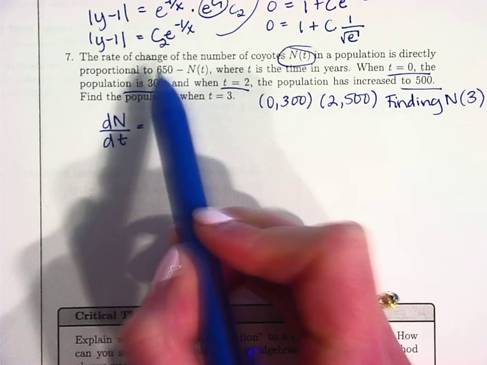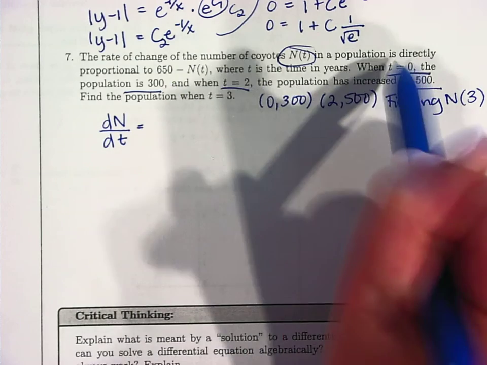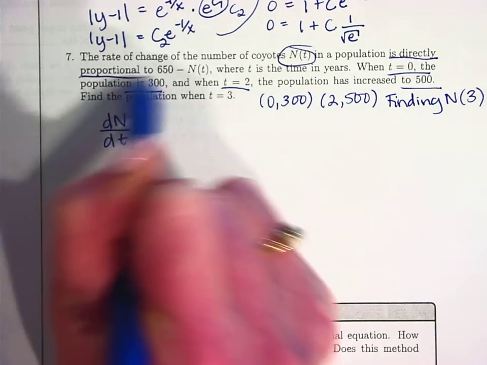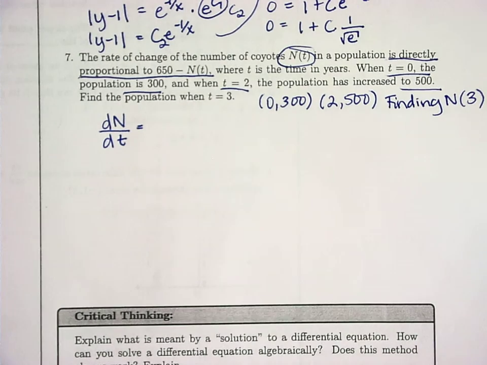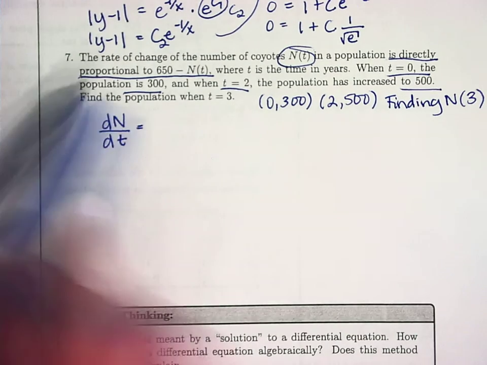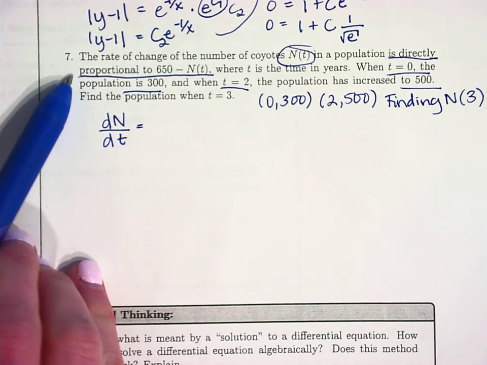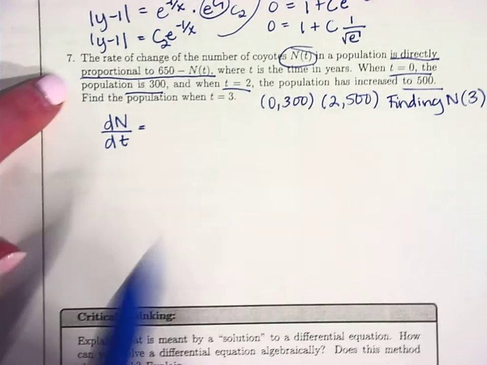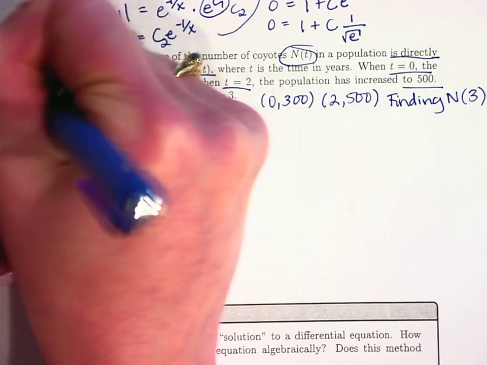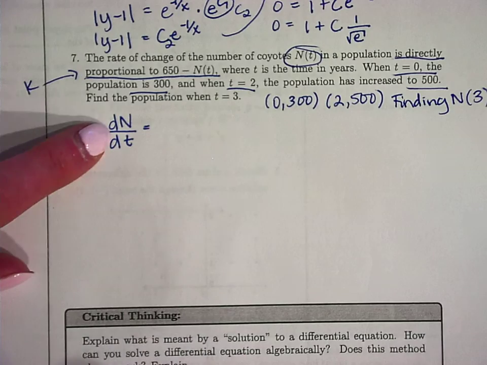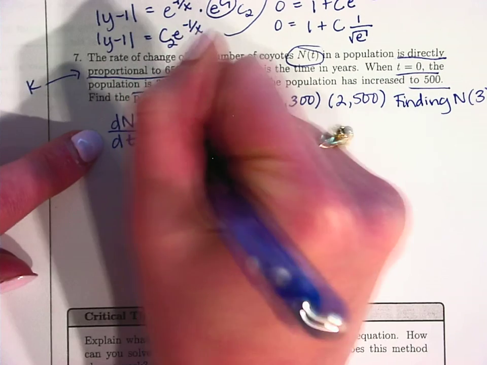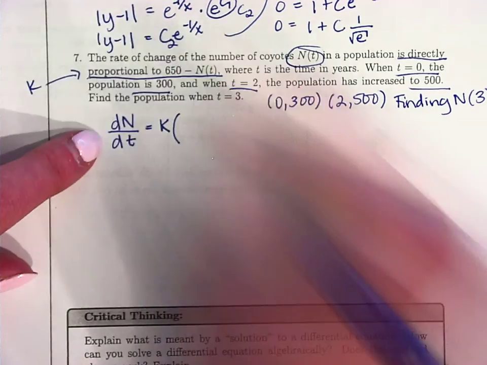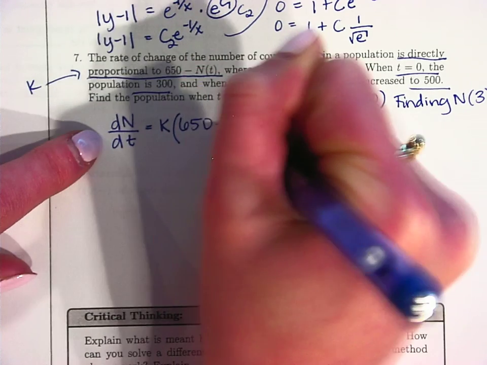And they tell us that the rate of change in a population is directly proportional to 650 minus N of t. We have to use the proportionality constant, which is usually k, the constant of proportionality. So dN over dt equals k times 650 minus N.